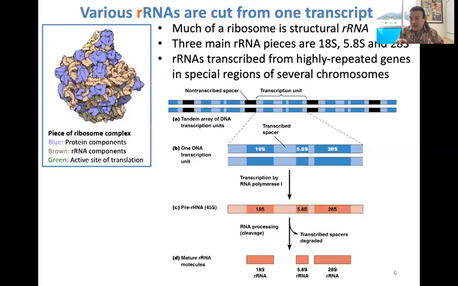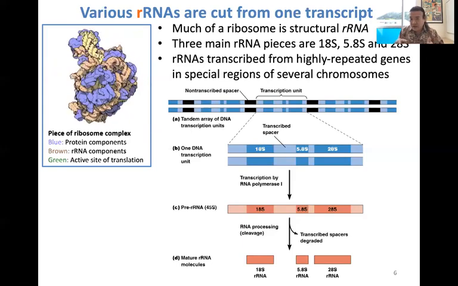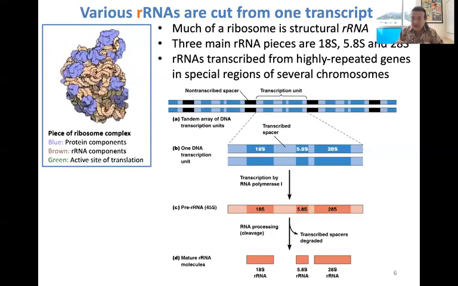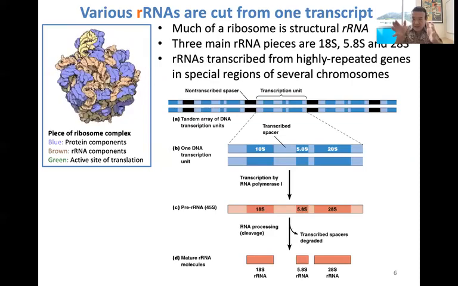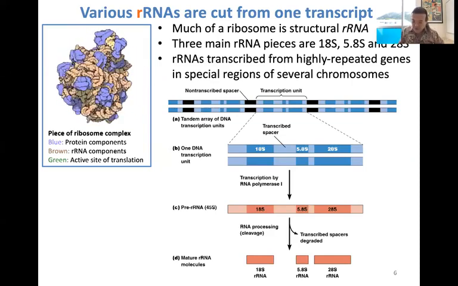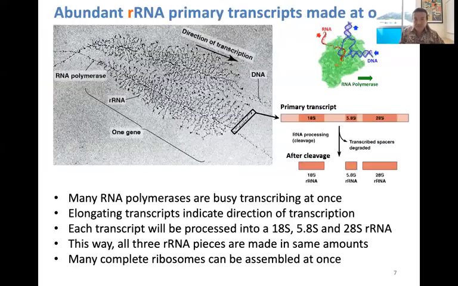So that's the same thing with these ribosomal RNAs. Evolutionarily, the benefit is it's a very efficient way to make all these little pieces if you just make all 3 at the same time from one of these transcripts, and then you essentially punch them out and your cell can use them.